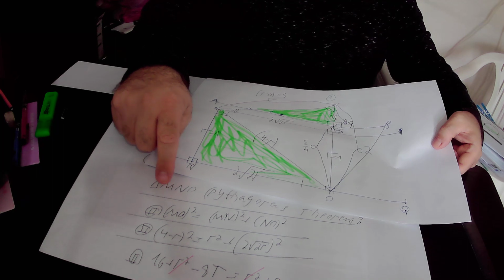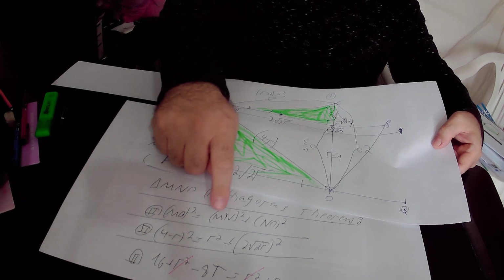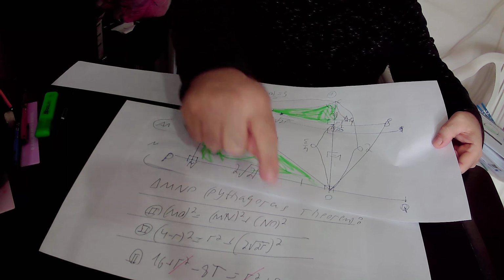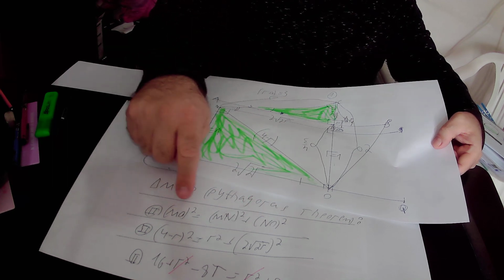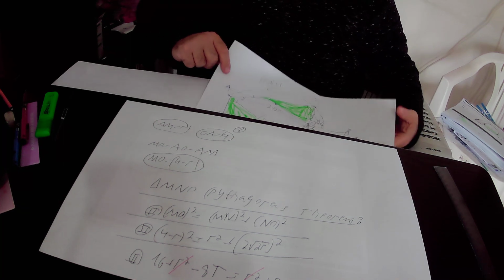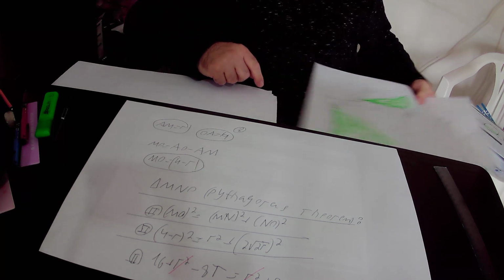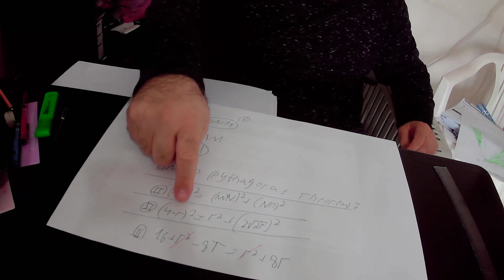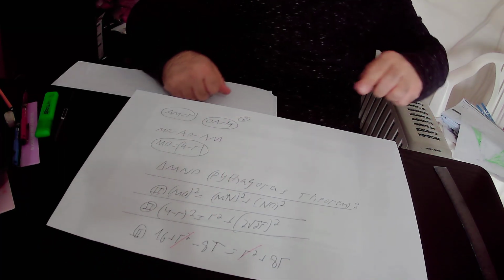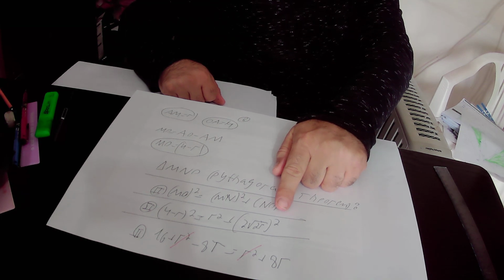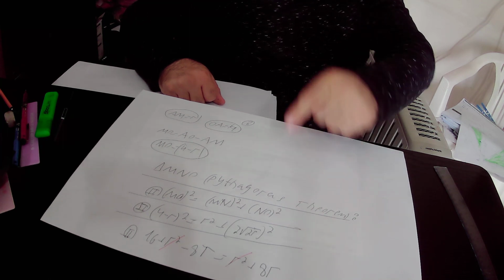So in total we got that 4 minus R square equals R square plus 2 times square root of 2R square. We open the brackets on both sides of equation number 2, and we got that 4 minus R square is actually 16 plus R square minus 8R, and 2 times square root of 2R square is 8R.